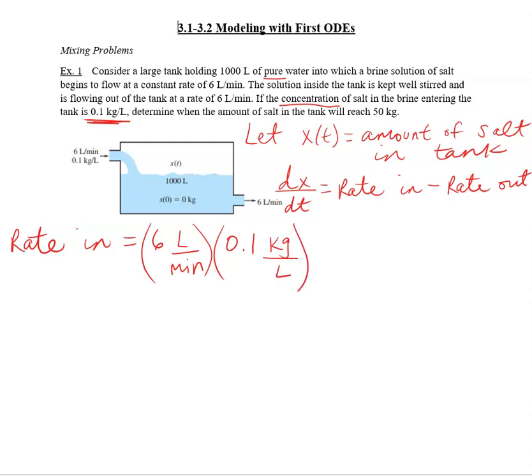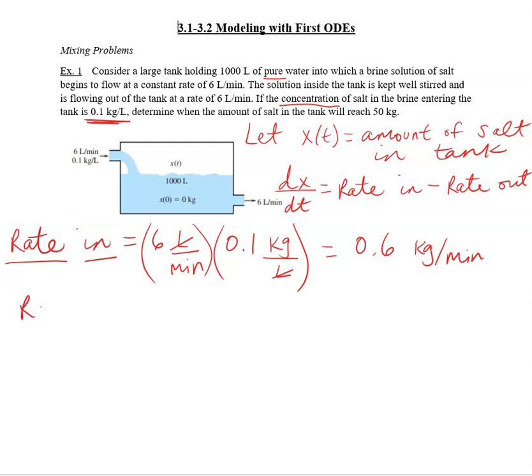And notice with those units, the liters cancel out, and that would leave you with kilograms per minute. And that would be the rate that the salt itself is entering the tank, not just the water. So my rate in is going to be 0.6 kilograms per minute. That's the rate that the salt, not just the water, is entering the tank.